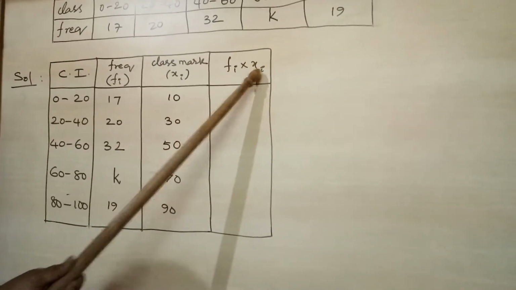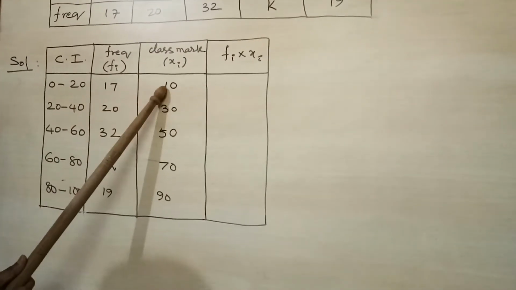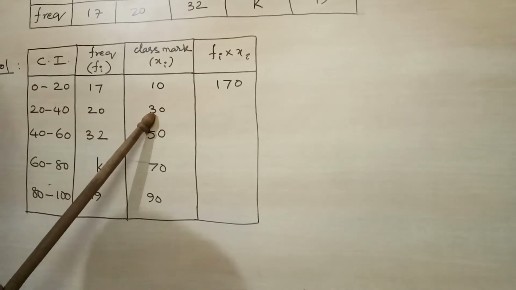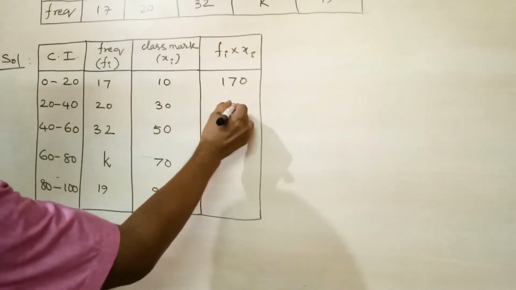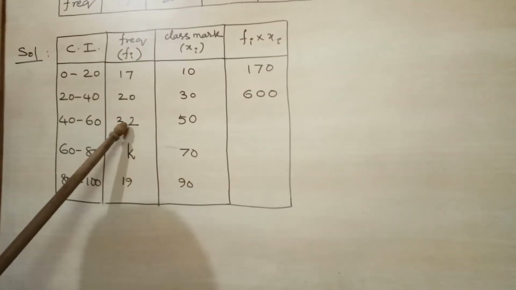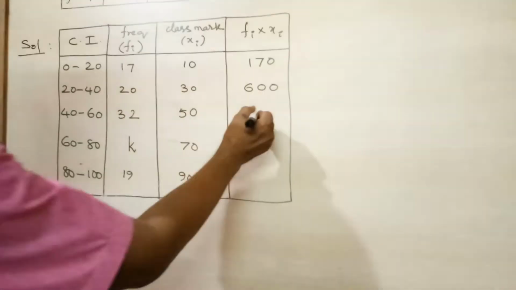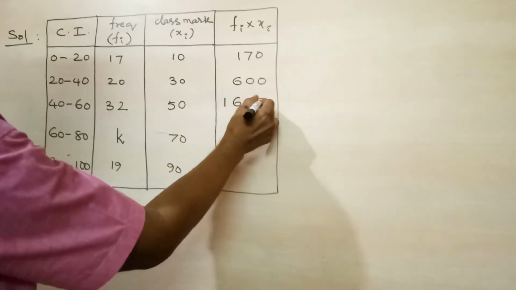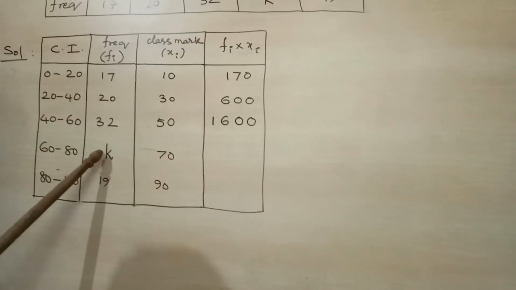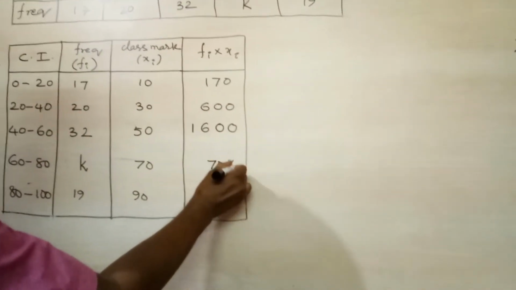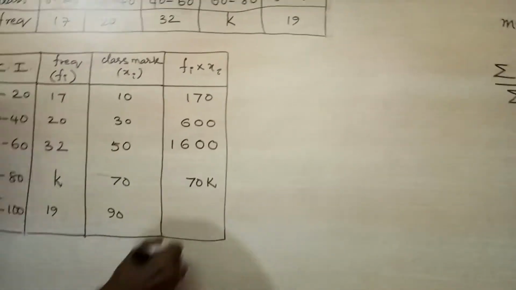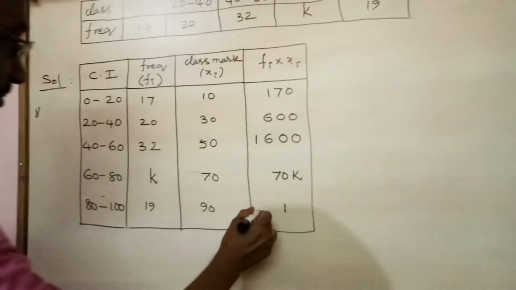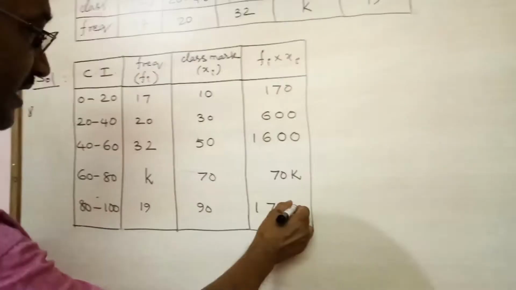Now the product of fi and xi is required. Product of fi and xi means multiply these values. 17 ones are 17, and with the 0 we get 170. 20 into 30: 2 threes are 6, and two zeros, means 600. 32 into 50: 5 twos are 10, 5 threes are 15, 15 plus 1, 16, so 1600. Then 70 into k is 70k. 19 into 90: 9 nines are 81, 9 ones are 9, 9 plus 8, 17, and write the 0, so 1710.